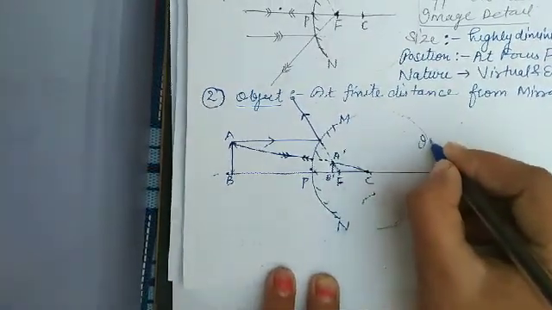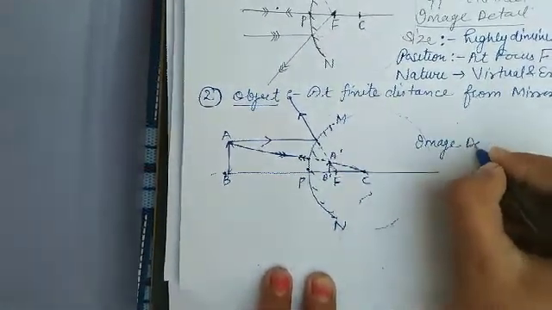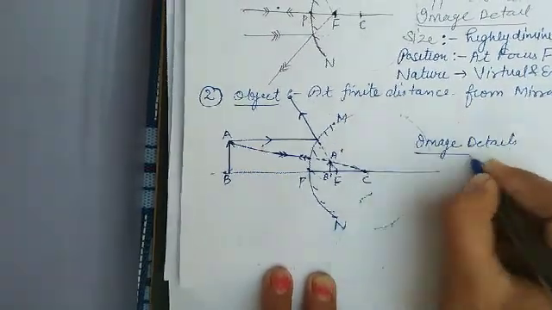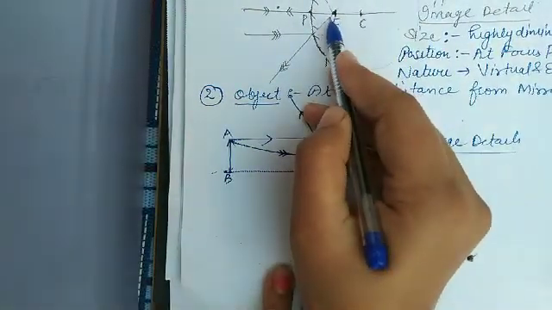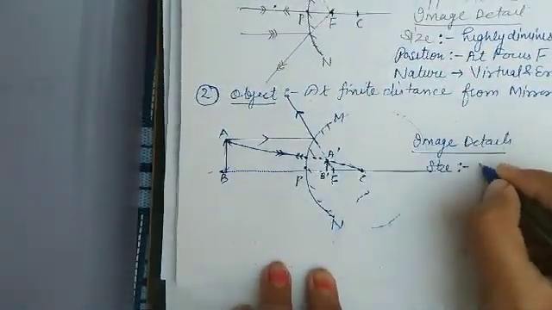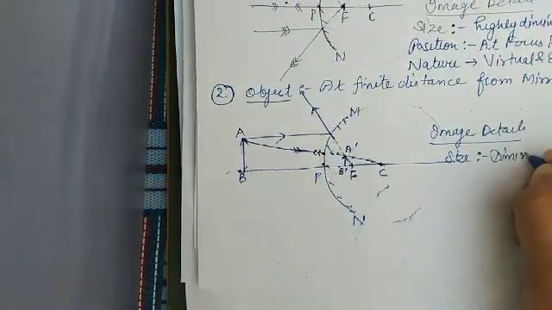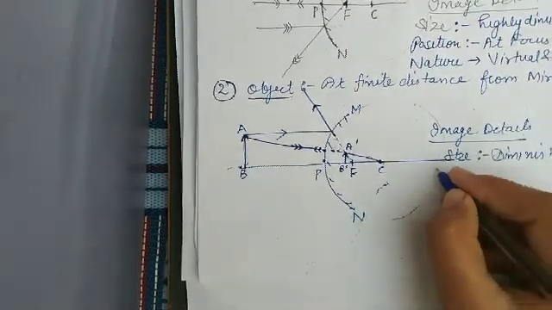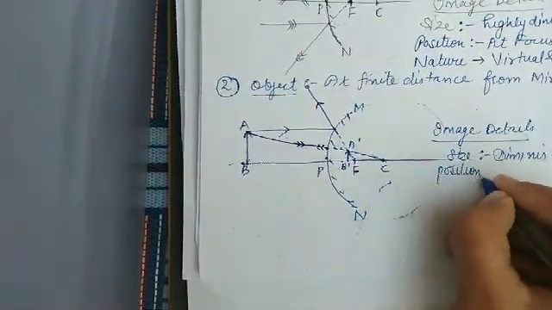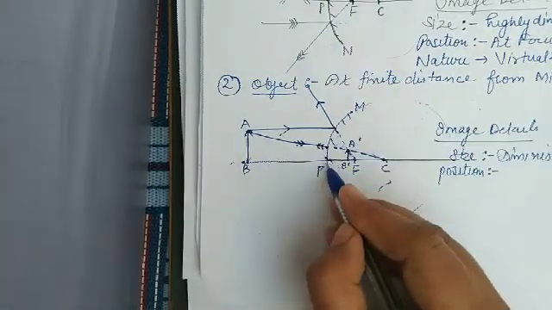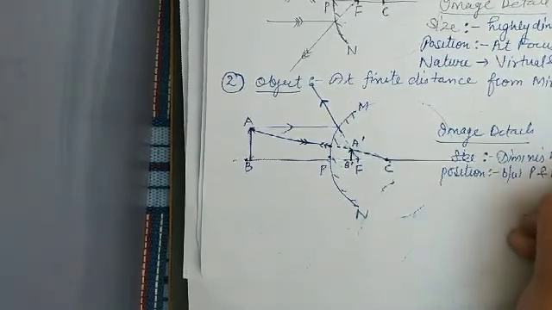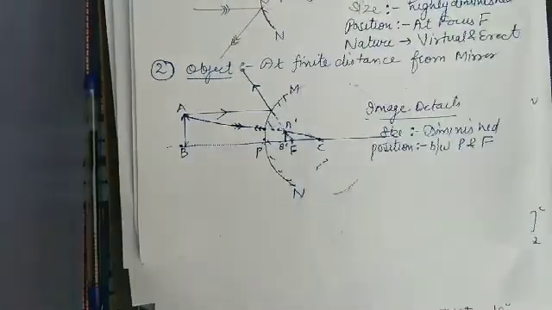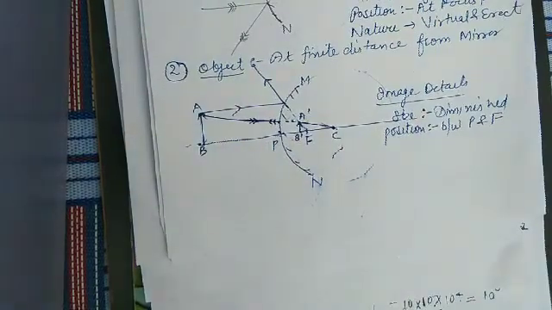So what will be the image details, students? नंबर 1 साइज, साइज तो छोटा हो गया बट वहां तो पॉइंट साइज हो रहा था, it means size is diminished but not highly diminished. Okay, second one, what is the position? पोजीशन क्या है, P एंड F के बीच में, it means between P and F. Okay, and what about nature?